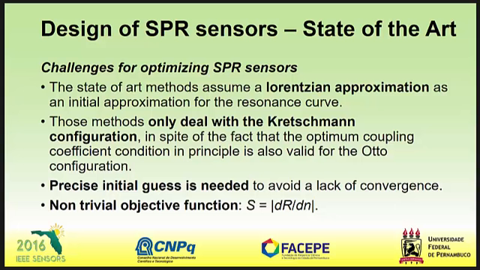Those methods described in the literature, the majority of them, only deal with the Kretschmann configuration, in spite of the fact that the optimum coupling coefficient condition is in principle also valid for the Otto configuration. The direct search algorithm needs a precise initial guess to avoid lack of convergence, and also has to deal with a non-trivial objective function. That's the sensitivity, which is the derivative of the reflectance with respect to the refractive index of the sensing medium.